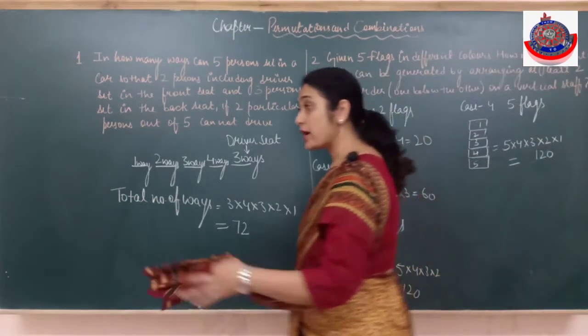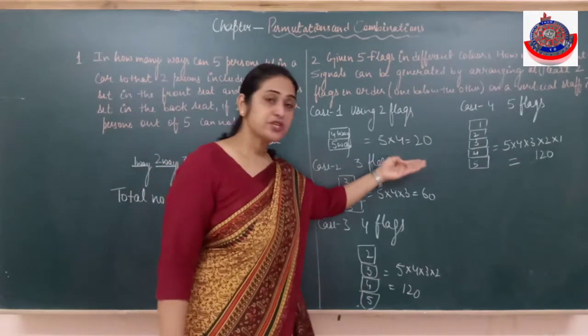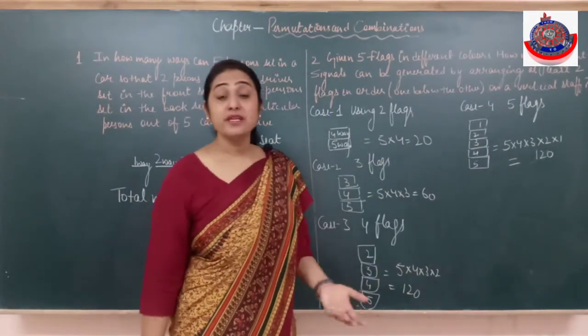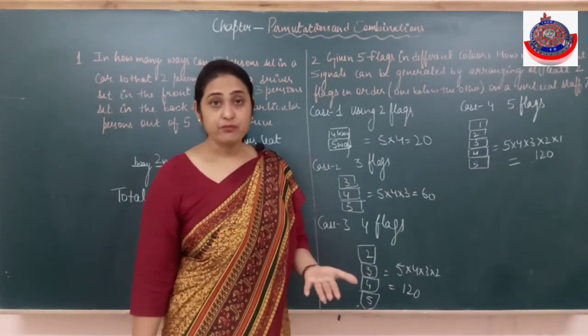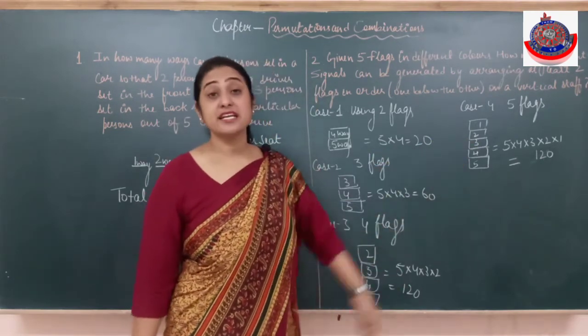Very clear? So I can use either 2 flags, or 3 flags, or 4 flags, or 5 flags altogether. So this is an option, this is an option, or means what? Plus. Either this or this or this or this, that means plus.